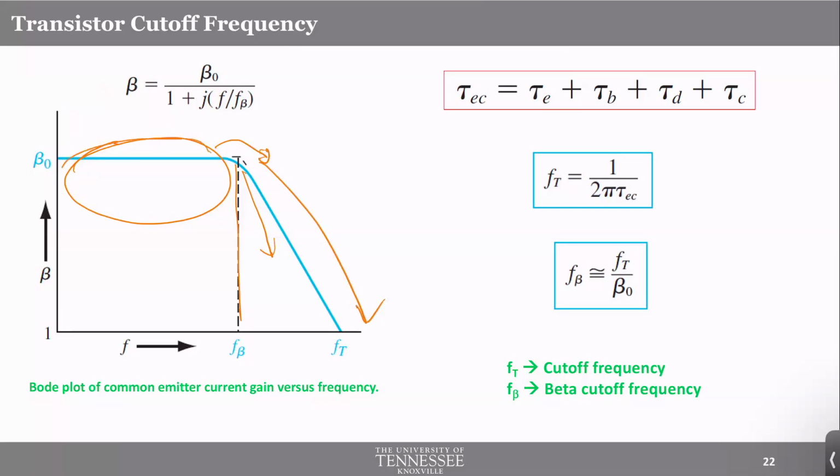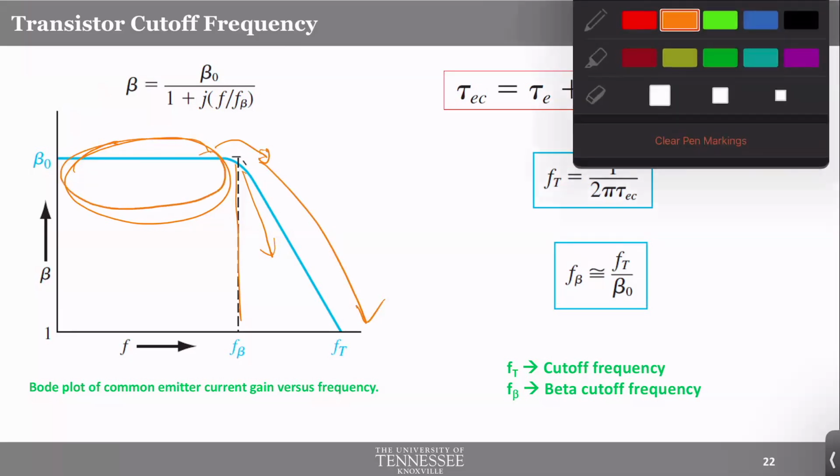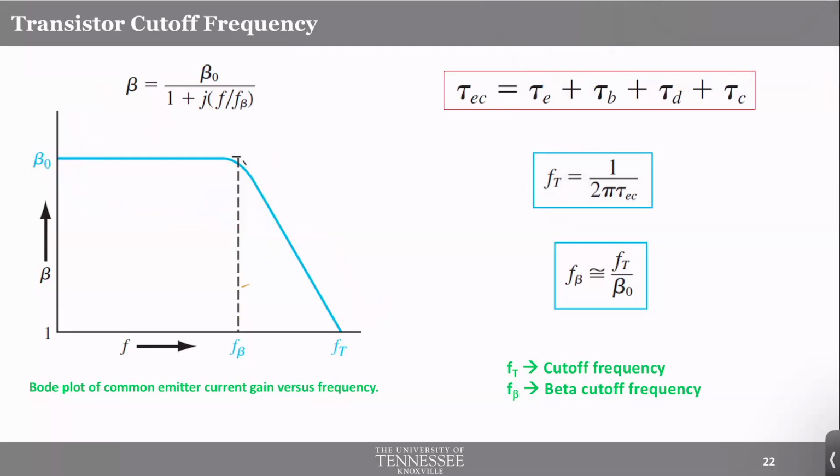You want to make sure that your design stays within this point. So you should try to make sure that these 2 points, the beta cutoff frequency and the actual cutoff frequency, are pushed towards the right, so that you could have higher frequency operation without losing beta.